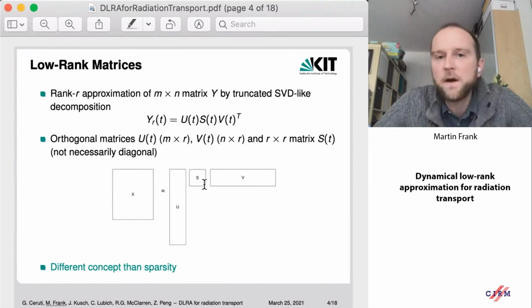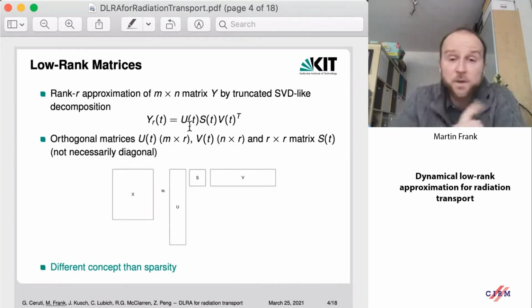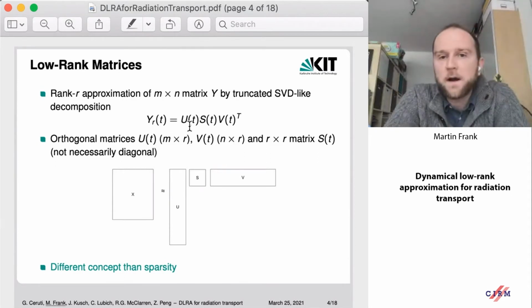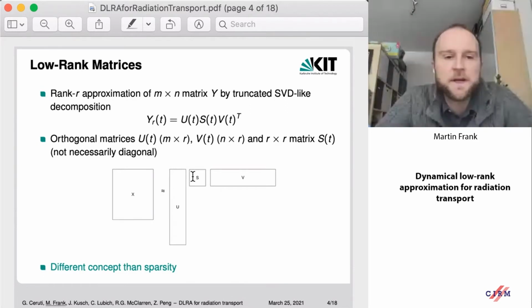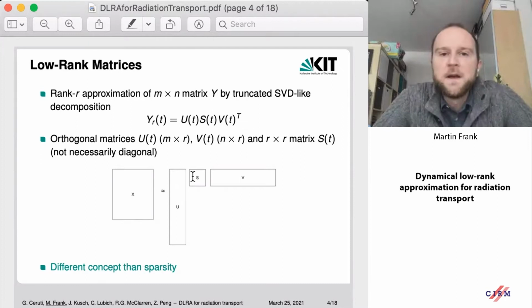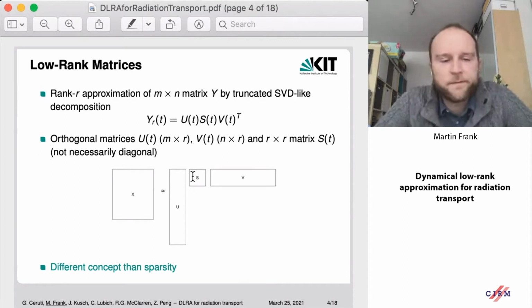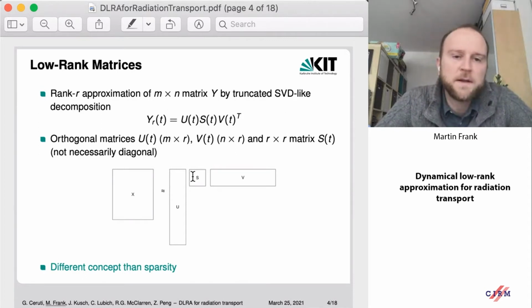But for now, we allow these matrices also to be full. So if I can do this, then that defines a rank r matrix. Or a rank r approximation if I take the full singular value decomposition and I just cancel out some of the singular values, then I have a rank r approximation of that matrix. Something very well known from your standard linear algebra course.